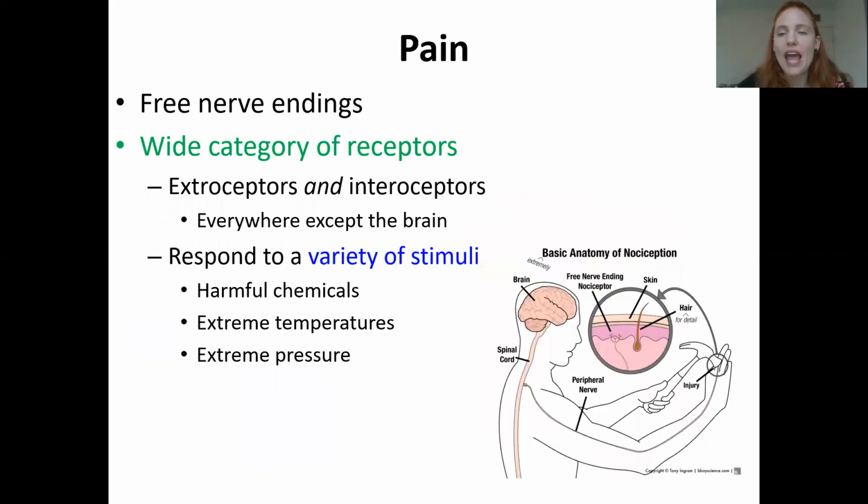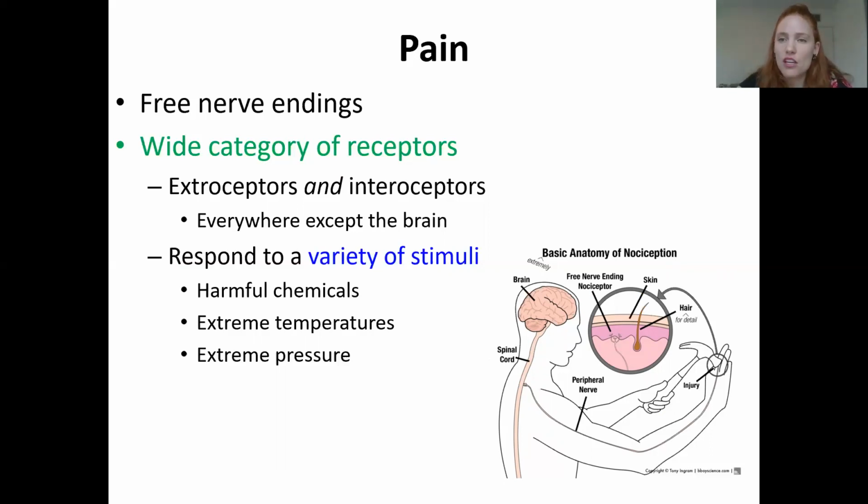Okay, on to pain. One thing I do want to mention about pain is that there's a lot of different types of stimuli that can be interpreted as pain. Usually it's any type of stimuli that is extreme in any way. So extreme changes in temperature, either hot or cold. Those of you who have ever dug through ice, your fingers hurt.